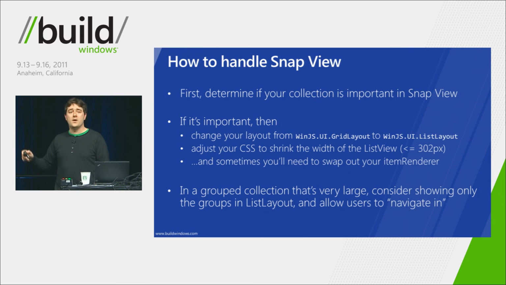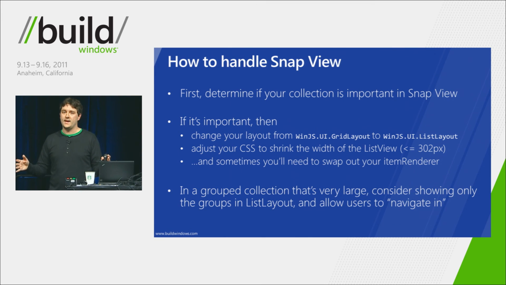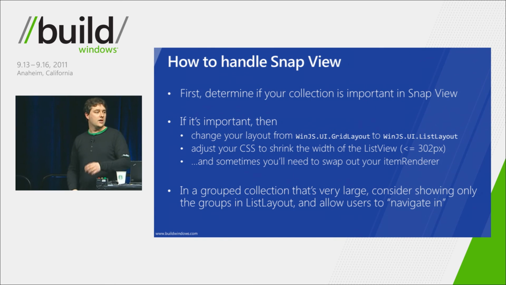The other point that I want to make is that in a large grouped collection, you may want to consider doing kind of an extra step. If you snap a very large grid-like collection that's grouped, you're going to get a single column, and that list is going to become ginormous because everything is just being stacked on top of each other. It might be so big that you may just want to show just the groups.